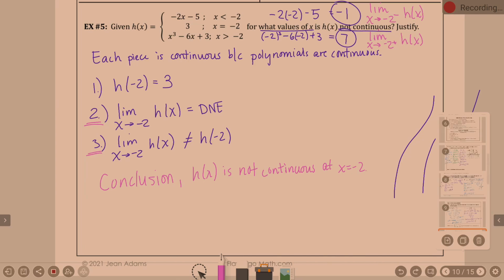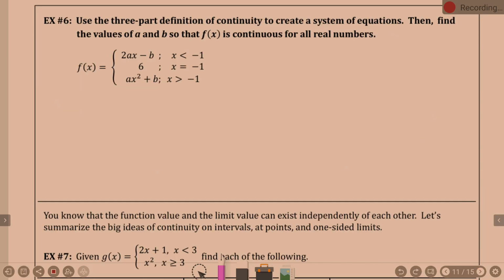Okay, use the three-part definition of continuity to create a system of equations. Then find the values of a and b so that f of x is continuous for all real numbers. Well, let's start by looking at limits from left and right.